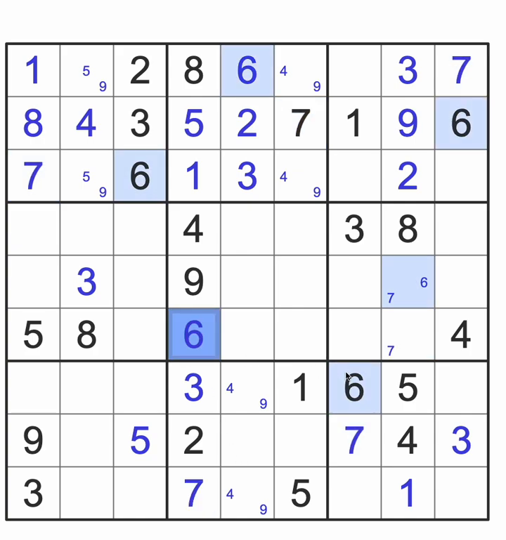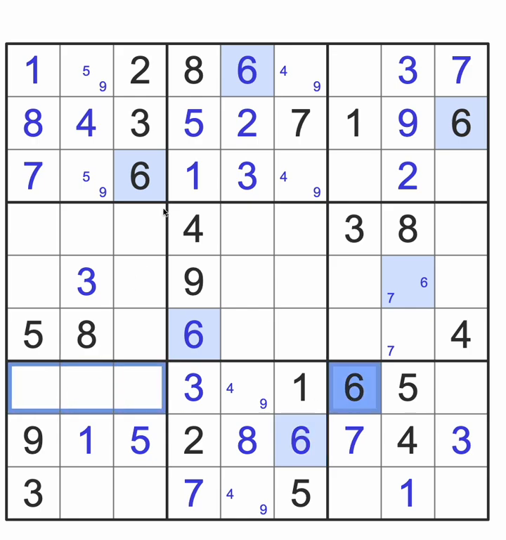And that will give me 6 here. And these two are now 6 and 8, because that's what's missing from this box. That gives me 1 here. And here's 6, which blocks this cell. So this is 8, and this is 6.